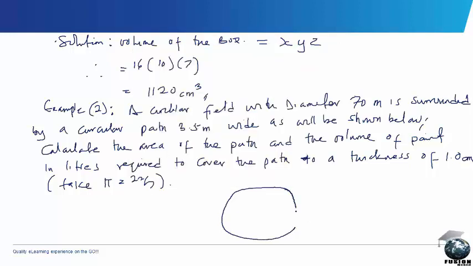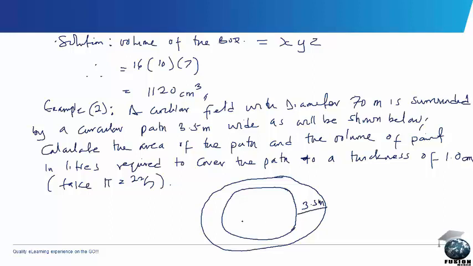If this is the circular field we're talking about, it is surrounded by a circular part 3.5 meters wide. This is the other circular part that surrounds it, and you're told this circular part is 3.5 meters away from here.